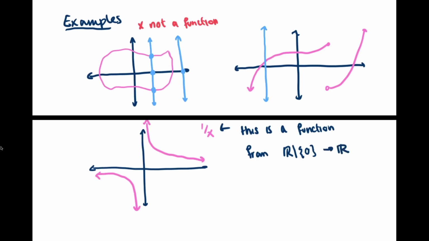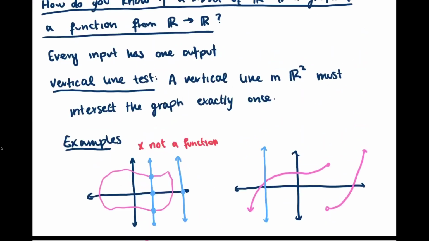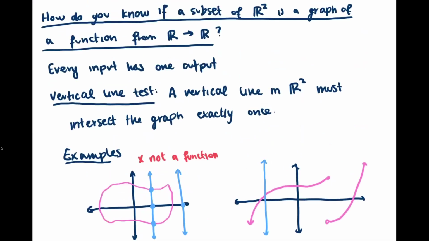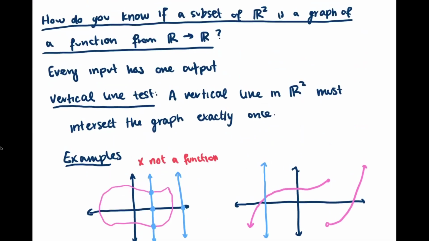to R. Okay, so how would we fix our vertical line test? Well, I don't care if the vertical line test fails at x equals 0 because that's not a part of my domain anymore. So if we wanted to rewrite this: a vertical line in R2 must intersect the graph, so a vertical line at a point in the domain of the function.